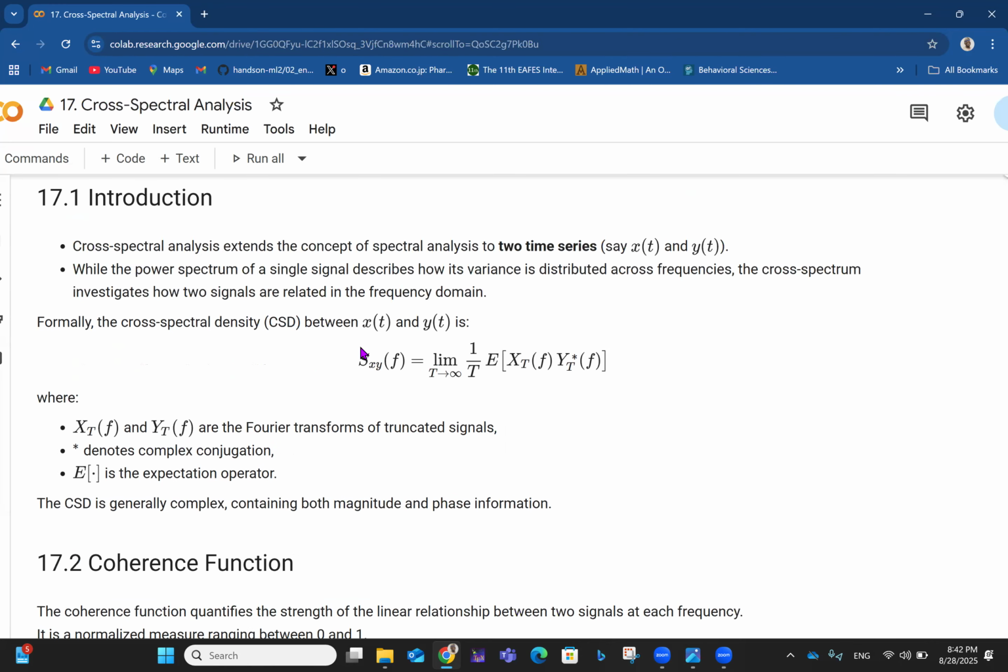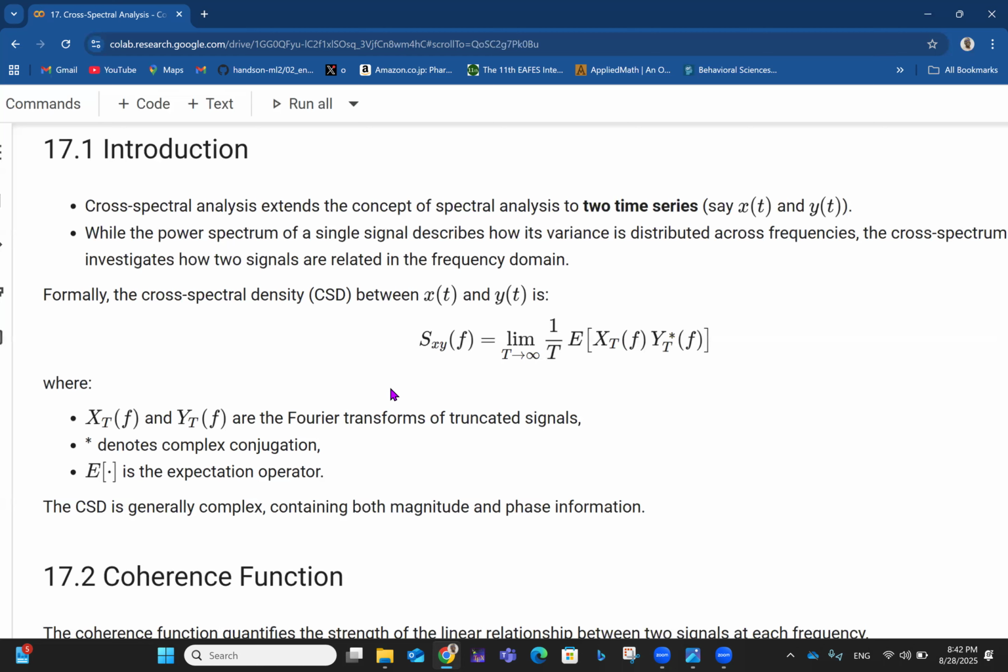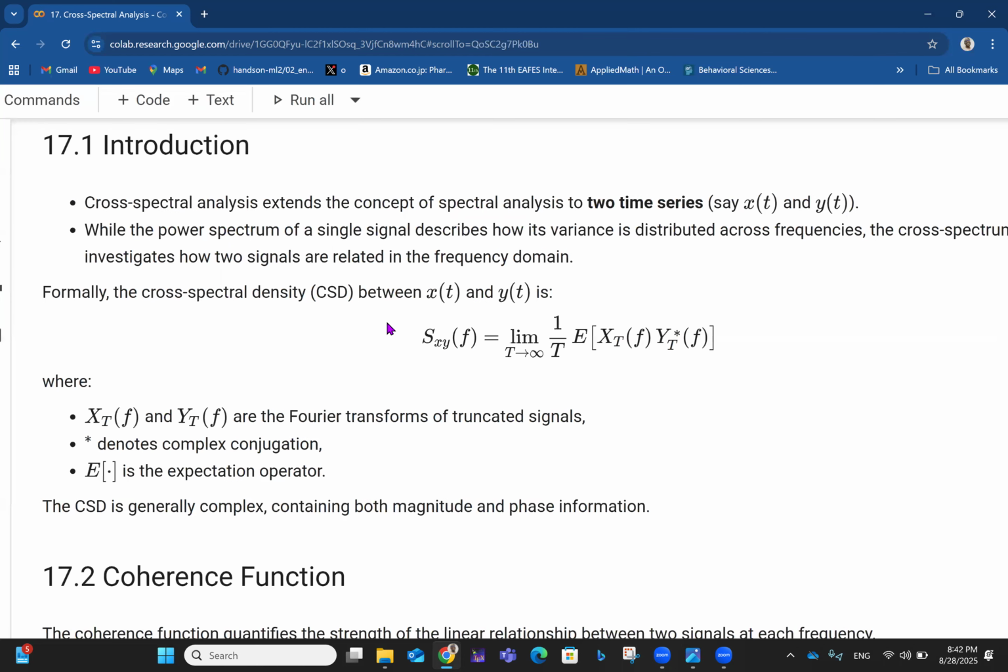Formally, the cross-spectral density, CSD, between x of t and y of t is S of xy. We are used to talking about S of xx, now we have S of xy.